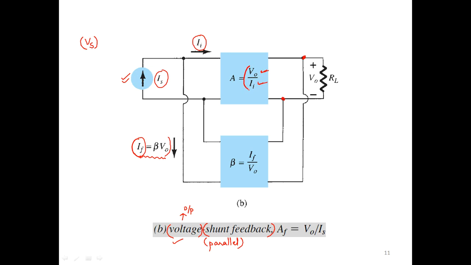But what about the unit? Is it dimensionless? No, because output voltage is in volts and input current is in amps. So voltage upon current gives us the unit of resistance, right? V upon I is nothing but the resistance. So here the unit for A is resistance.